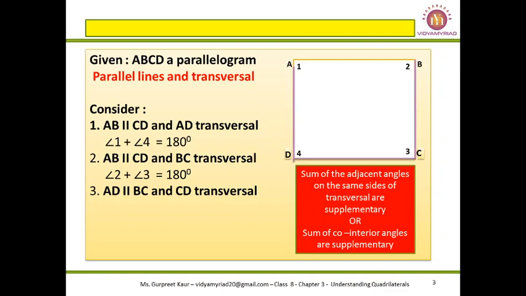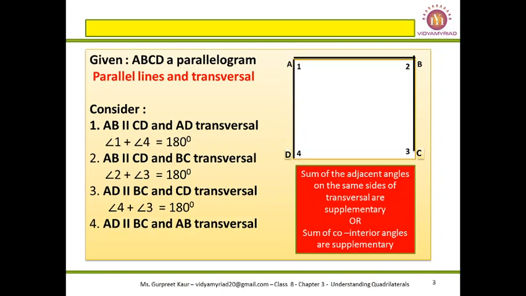The angles are 3 and 4. In that case, angle 3 plus angle 4 will be equal to 180 degrees. What is the last option left? If I take AD parallel to BC and AB as transversal, the black line, you have 1 and 2 in the interiors. It means angle 1 plus angle 2 will be equal to 180 degrees.